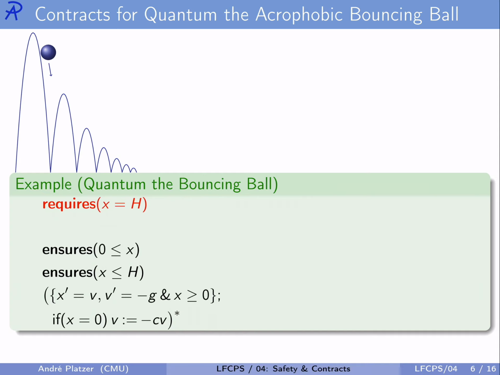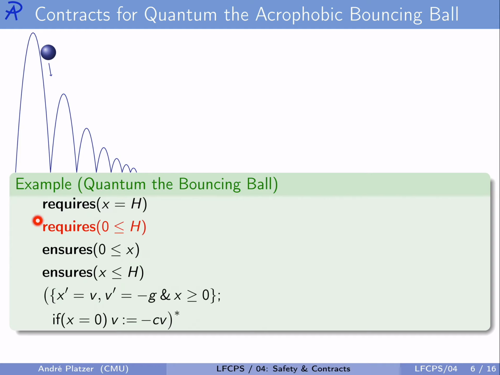Isn't that true? And indeed, if we start at H, do we stay above ground and below H? Well, no, because even if you start at H, that could have been below ground. And as far as I know, if you start below ground, you don't always stay above ground. So we also need to require that the bouncing ball starts at a height above ground.